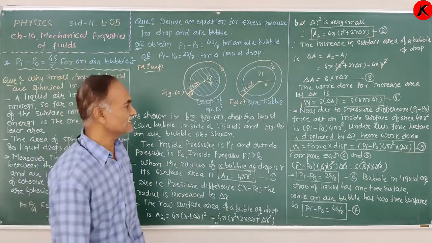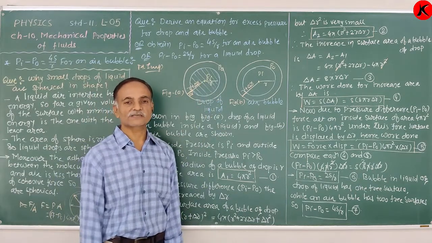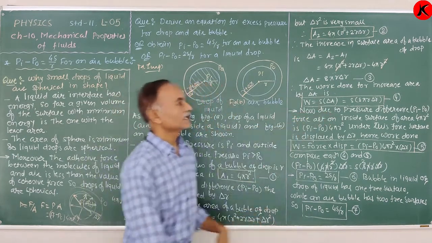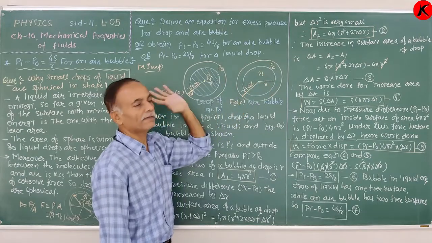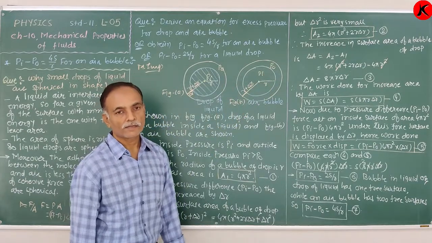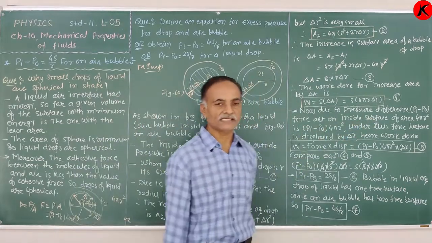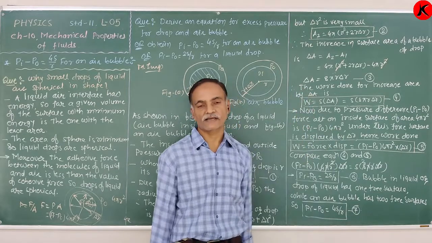Now the second method is that due to the pressure difference Pi minus Po, the force acting on the inside surface of an air bubble or the liquid drop, on area 4 pi R square, is Pi minus Po into 4 pi R square.